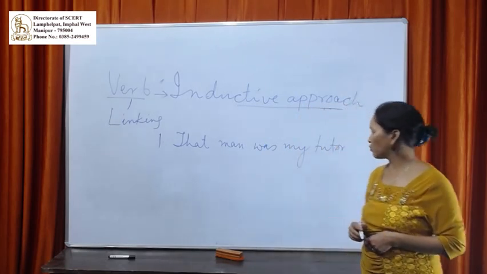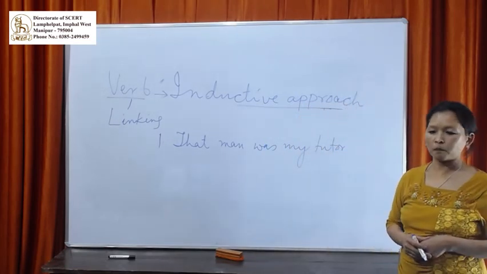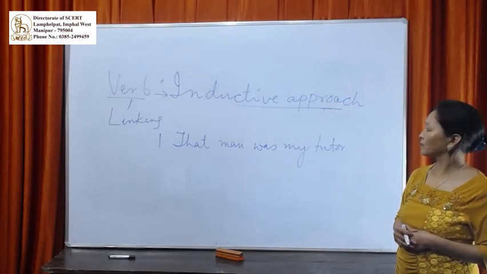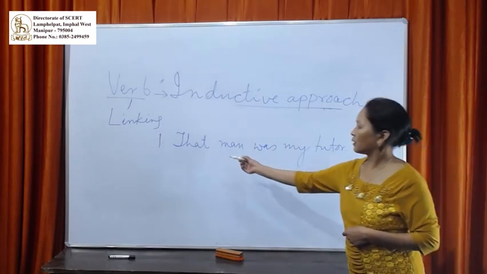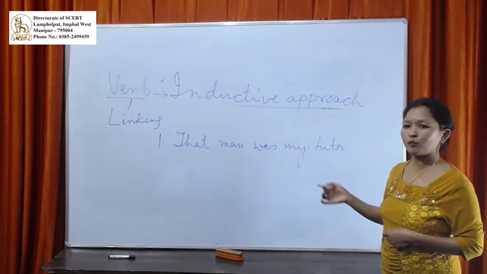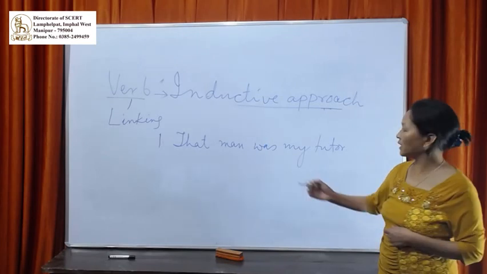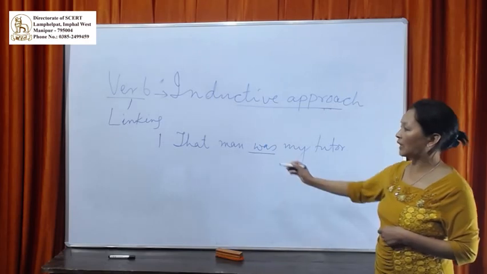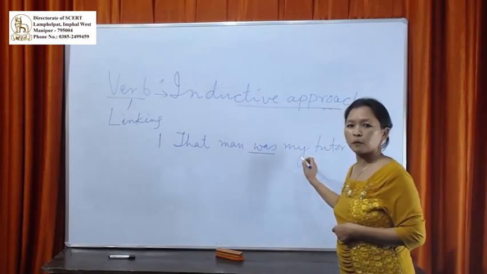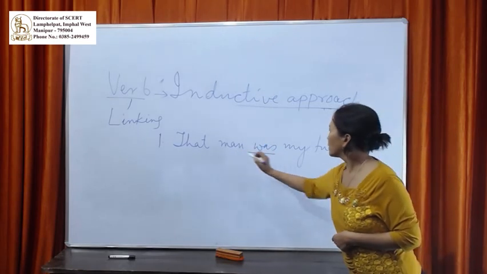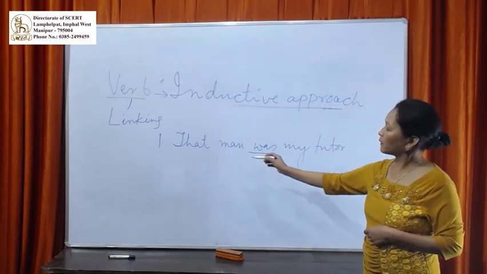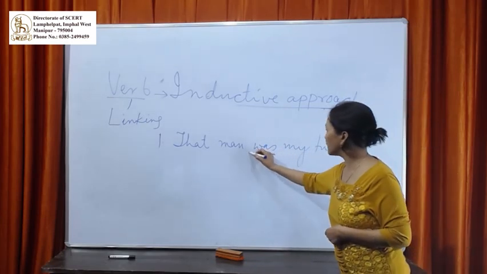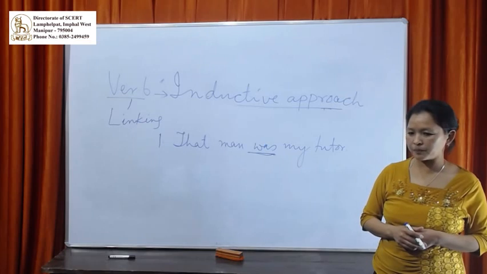I read, that man was my tutor. Where is the verb here? If we look at each word, we don't see any action verbs. But was is the verb here. It links these words, that man and my tutor. So this kind of verb is known as a linking verb.